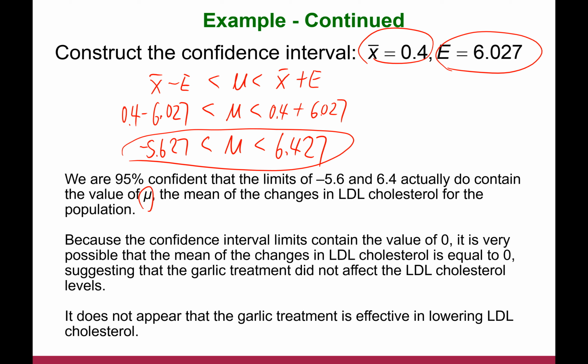And because the confidence interval contains the value 0, it's very possible that the mean change in LDL cholesterol is equal to 0, suggesting that garlic treatment does not affect the cholesterol level. So it does not appear that garlic treatment is effective in lowering cholesterol.